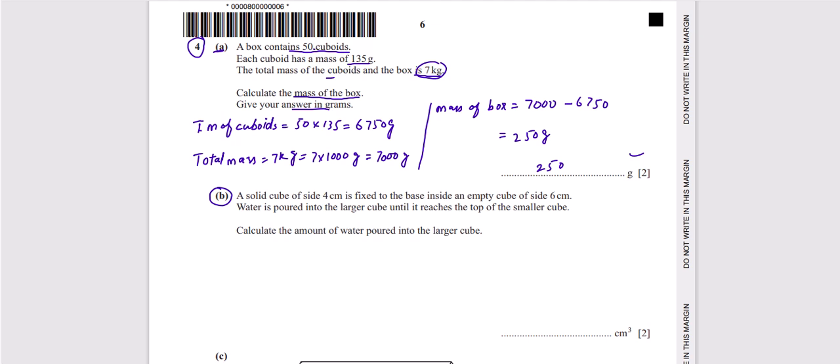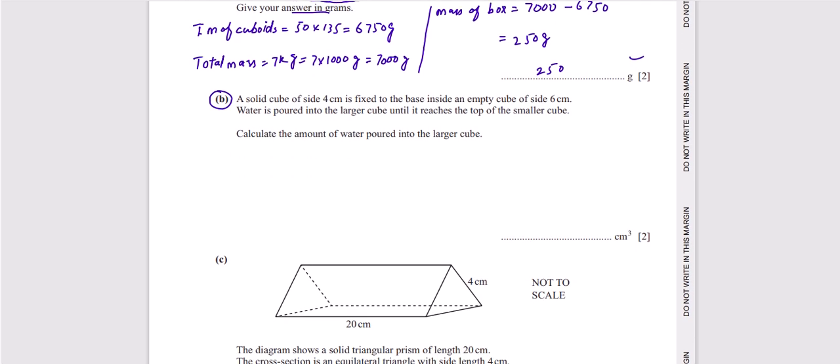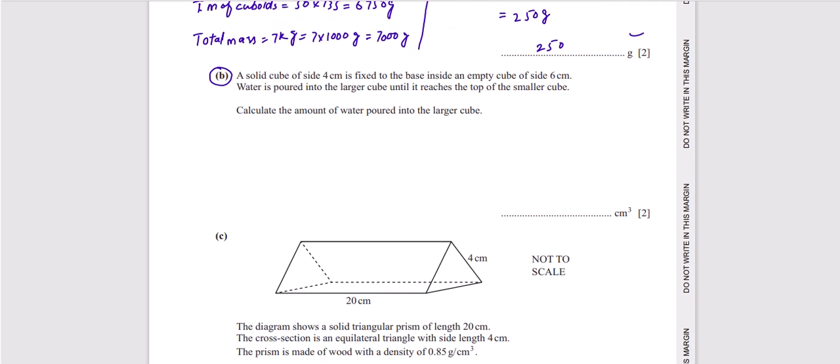Part B. A solid cube of side 4 centimeter is fixed to the base inside an empty cuboid of side 6 centimeter. The water is poured into the large cuboid until it reaches the top of the smaller cube.